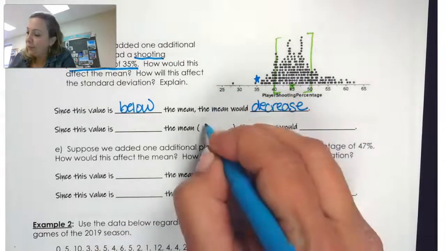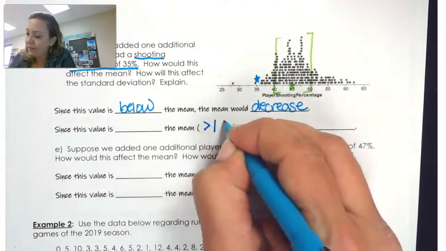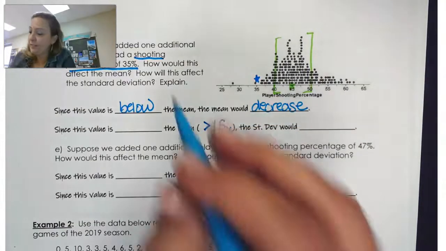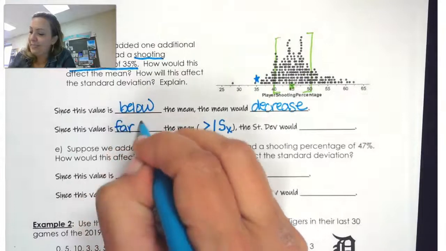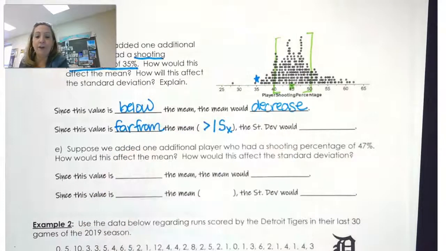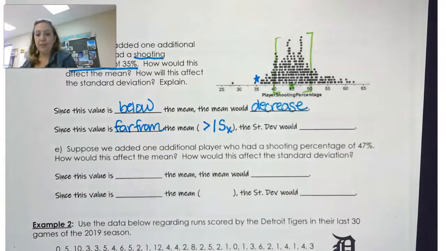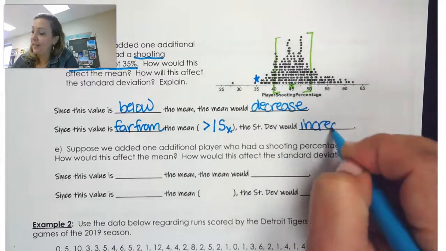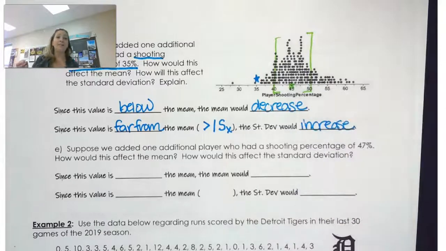So this is greater than one standard deviation. Because it's greater than one standard deviation, that means that this value is far from the mean. So that means that the standard deviation would increase. I know it's a low data value, but now that we added this value that was far away, now the typical distance from the mean has increased as well.